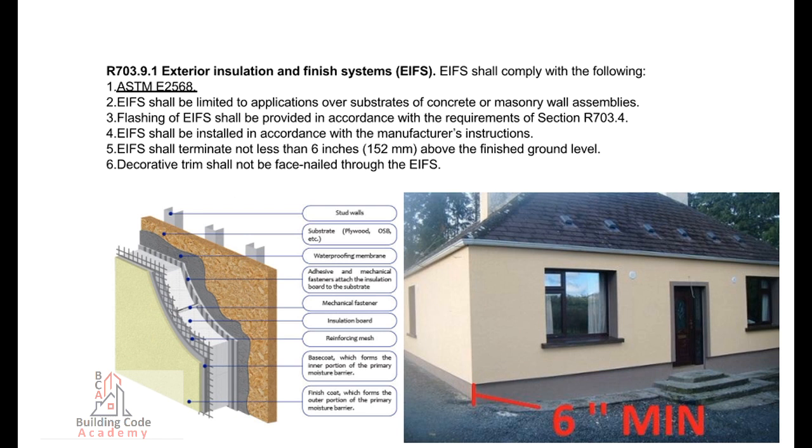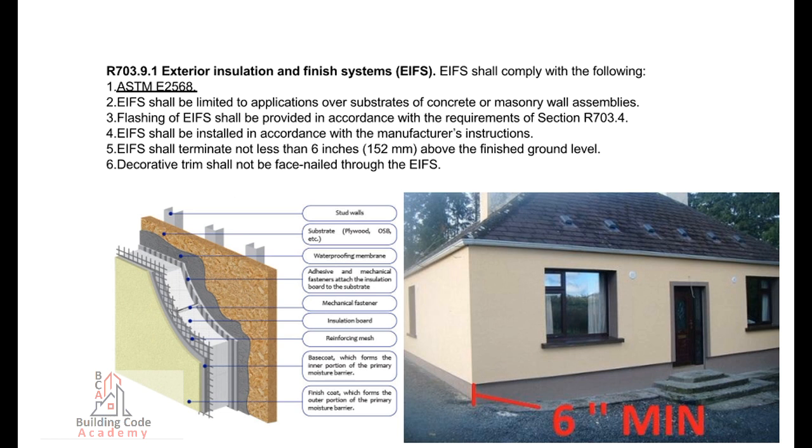R703.9.1 Exterior Insulation and Finish Systems, EIFS. EIFS shall comply with the following: 1. ASTM E2568. 2. EIFS shall be limited to applications over substrates of concrete or masonry wall assemblies. 3.